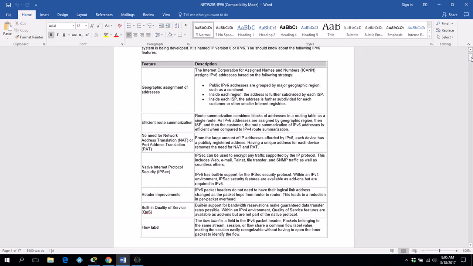You don't have to break up anything. That's number one. Number two, it has efficient route summarization, so you can summarize the network much quicker. No need for NAT. Devices are going to be able to have a global address, so from inside the LAN, they can go out directly to the internet using their global address. So no need for translations.